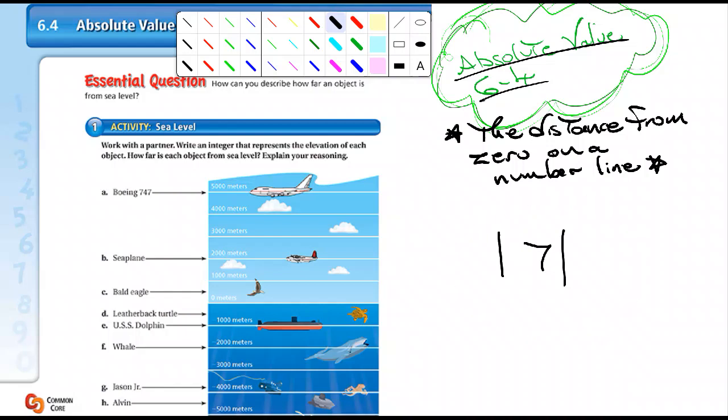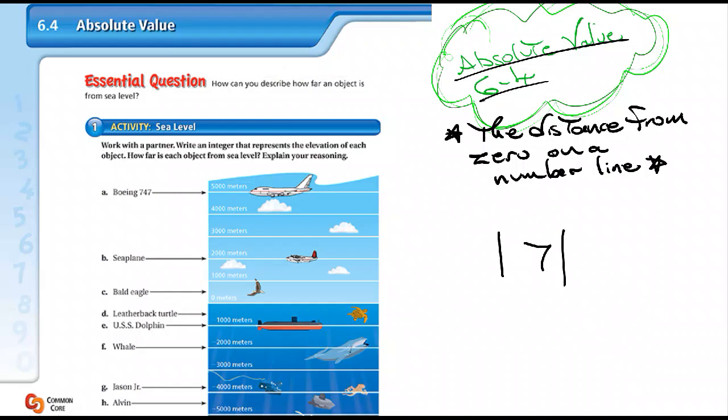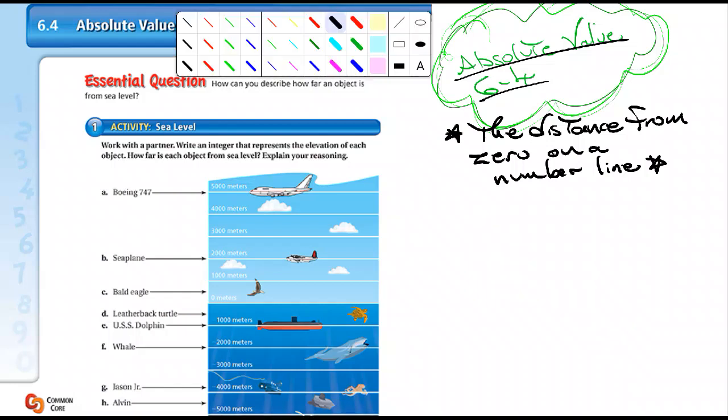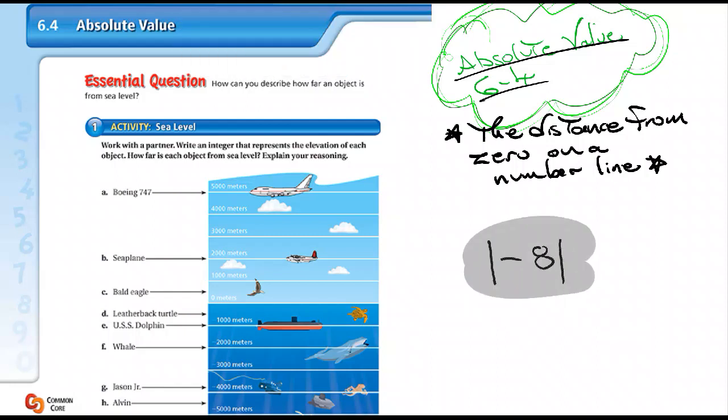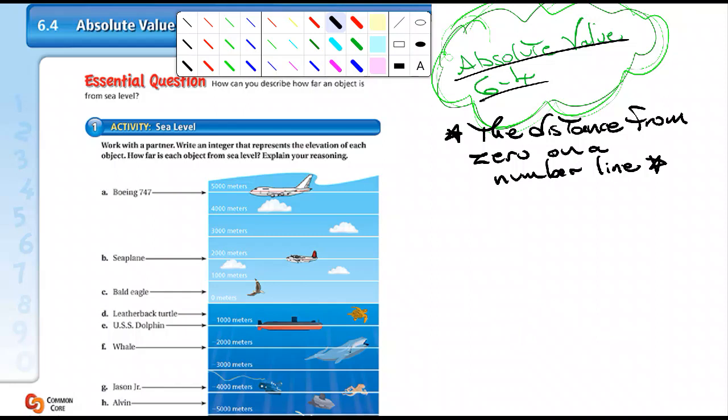That's what that means. And it's not limited to whole numbers or integers. If I put -8 and put those two vertical symbols around it, that means the absolute value of -8. If I put 0.023 and put those symbols around it, that means the absolute value of 0.023.